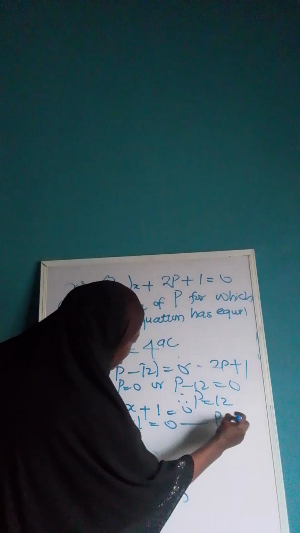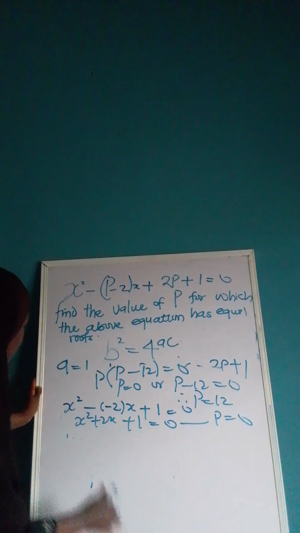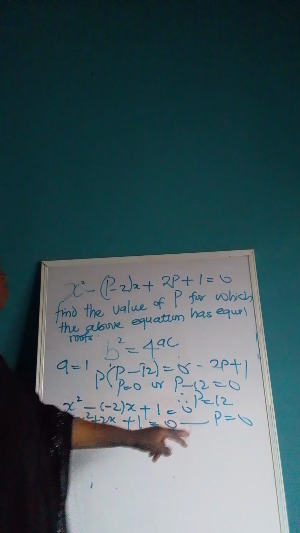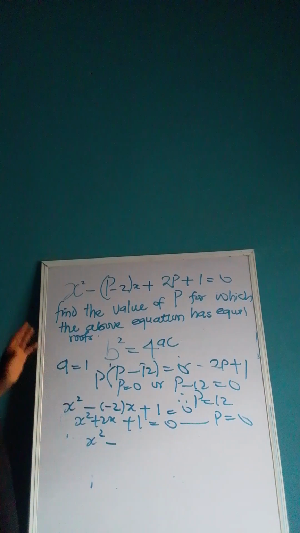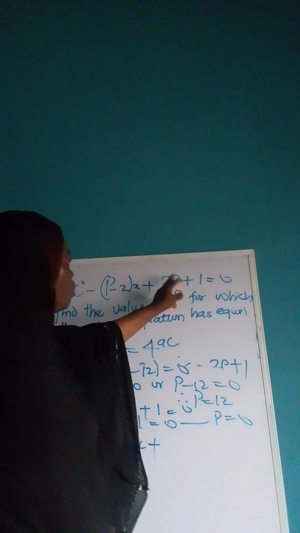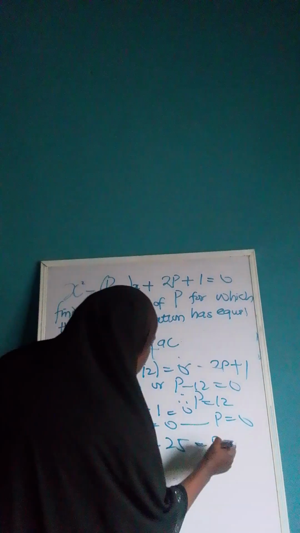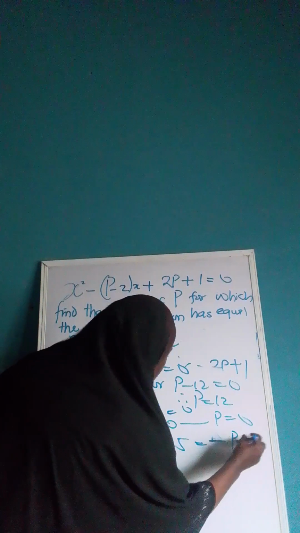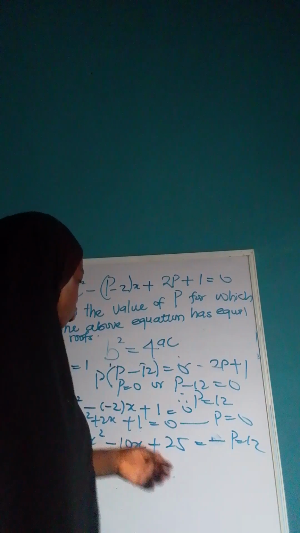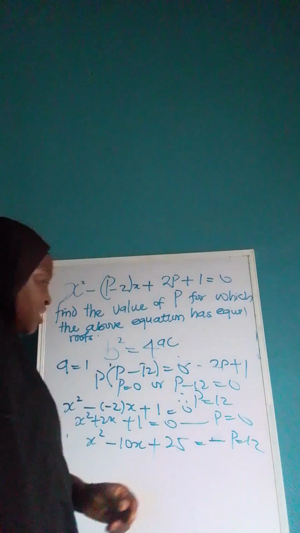And when p is 12, it's x squared minus (12 minus 2)x plus (2 times 12, which is 24, plus 1). 12 minus 2 gives us 10. So when p is 12, the equation is x squared minus 10x plus 25 equals 0. So when p is 0, the equation is x squared plus 2x plus 1 equals 0, or x squared minus 10x plus 25 equals 0.